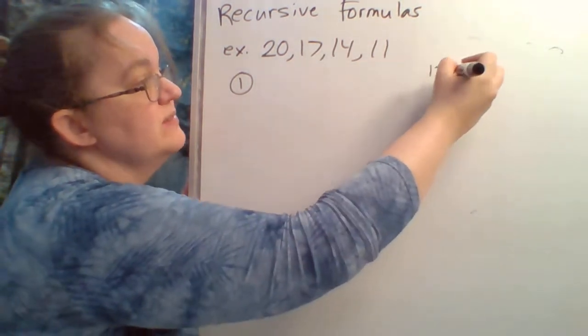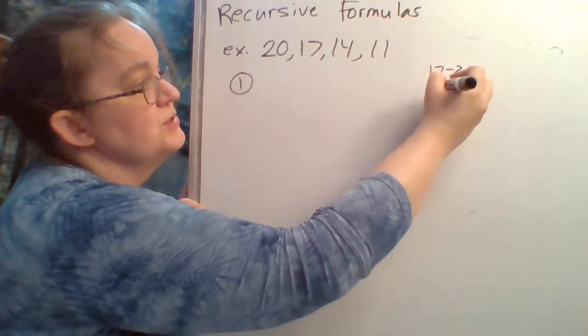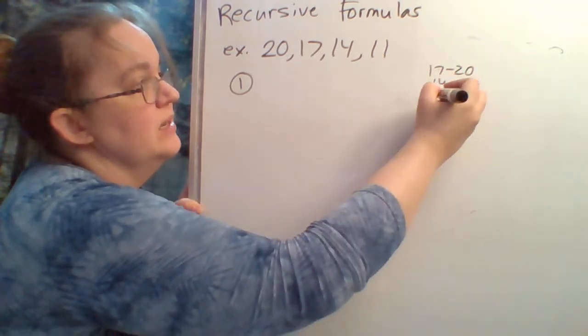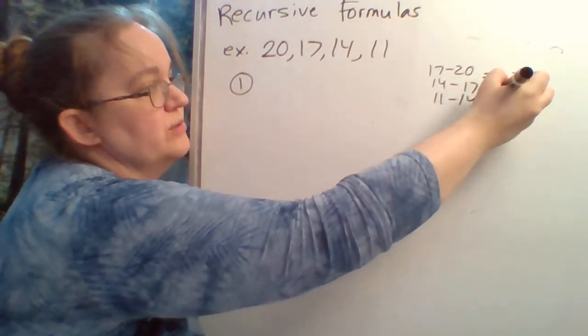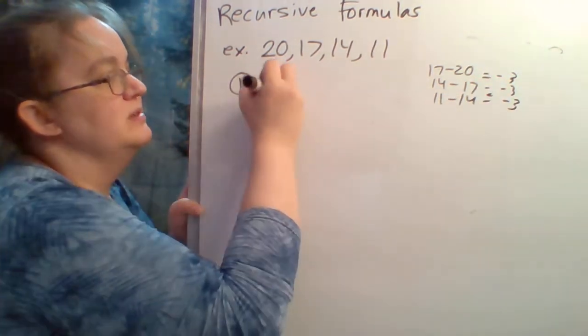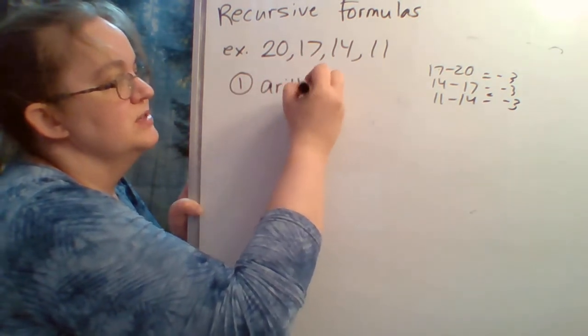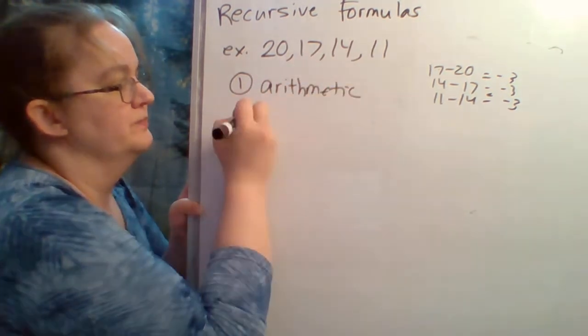In other words, 17 minus 20, 14 minus 17, and 11 minus 14 all come out to minus 3. So that's my common difference. So I figured out that this is an arithmetic sequence.